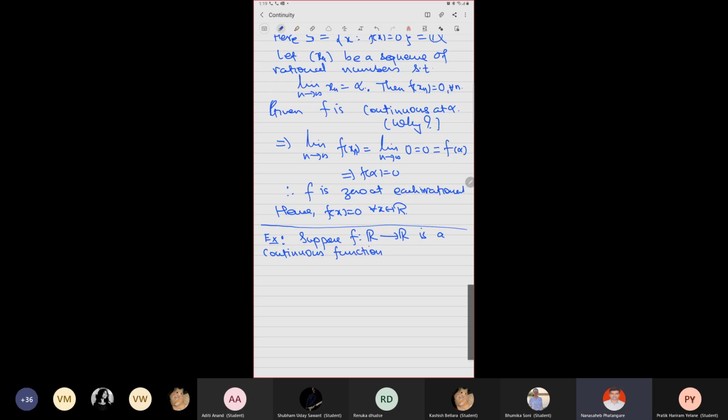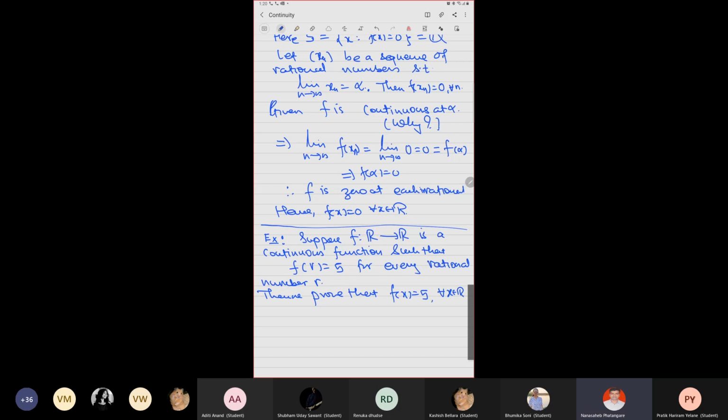Suppose f is a continuous function such that f of r is equal to 5 for every rational r. So at every rational number the function is 5, then prove that f of x is equal to 5 for every x in R.